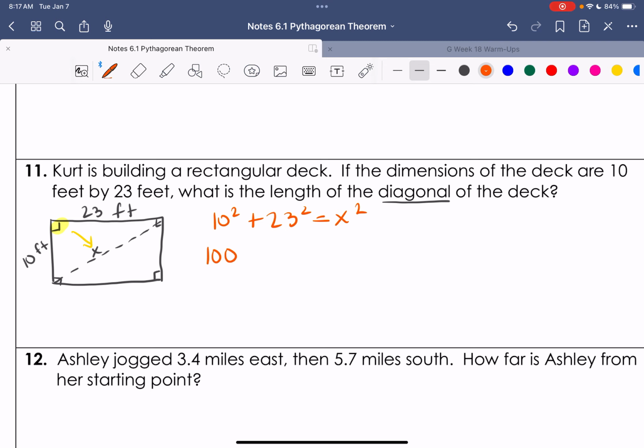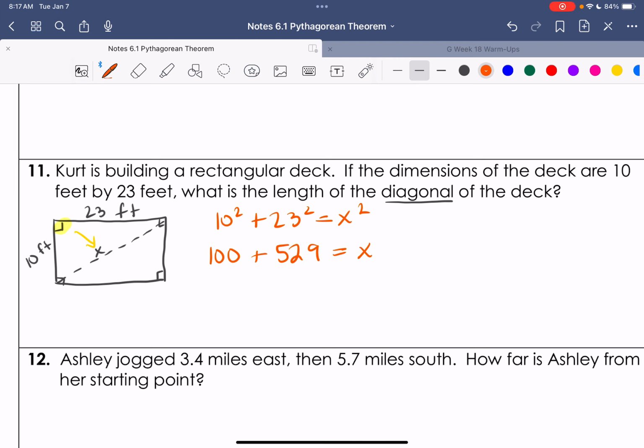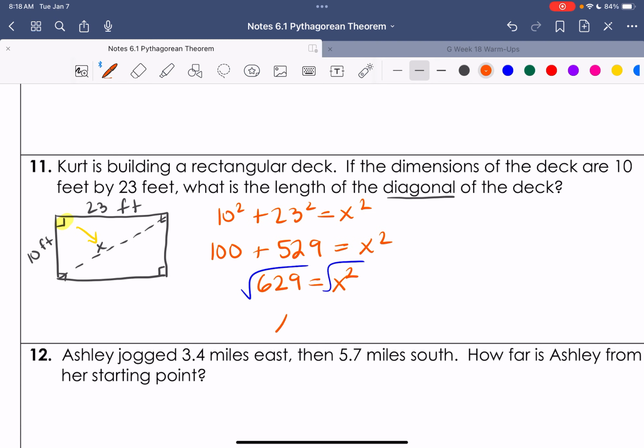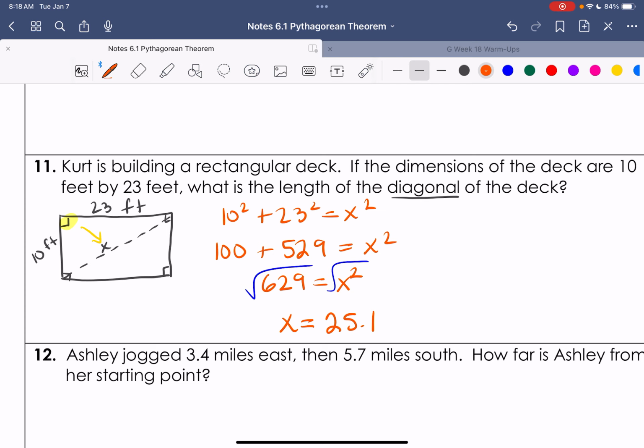So this is 100. 23 squared is 529. Okay, adding those together, that's 629. So then we would take square root of both sides. And X equals 25.1. And since they're measuring in feet, let's go ahead and label that. So the diagonal would be 25.1 feet.